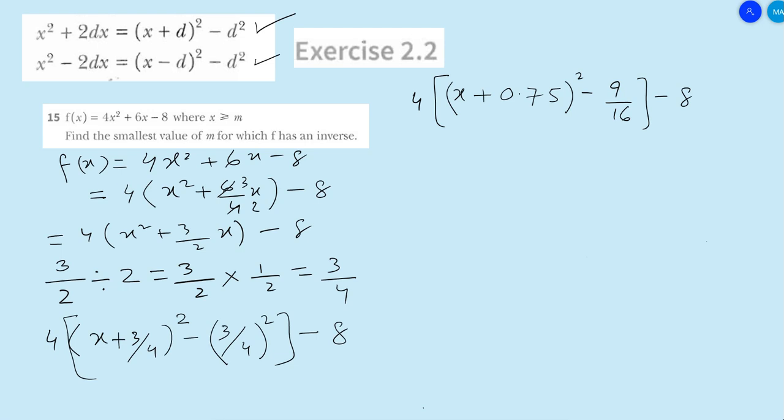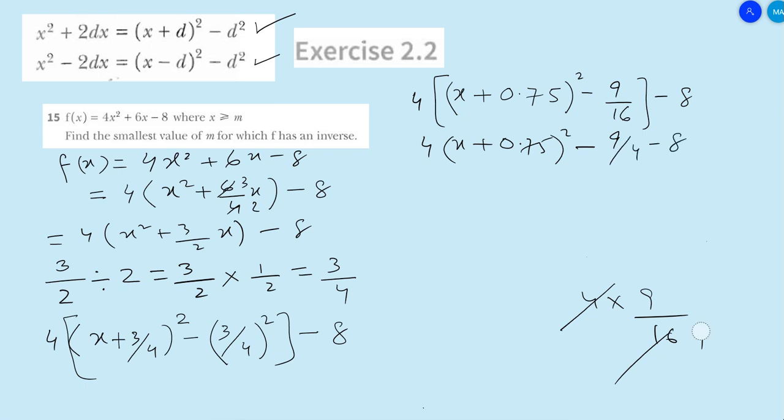Now multiply this 4 by the whole bracket. You will get 4(x + 0.75)² − 4 into 9/16. 4 into 9/16: 4 fours are 16, the answer is 9/4, and this is −8.